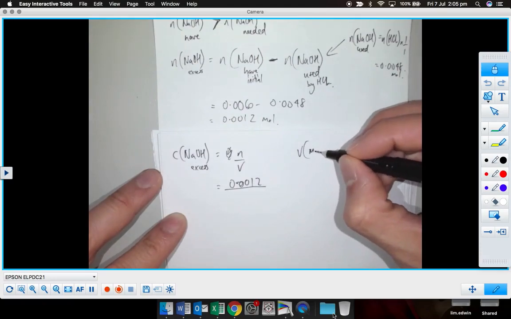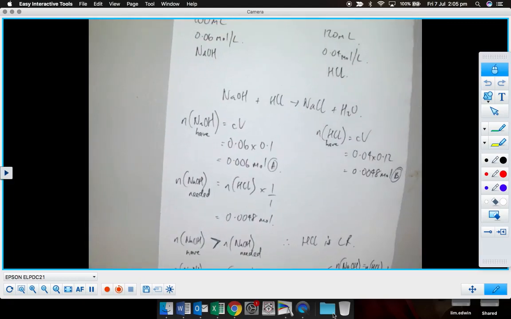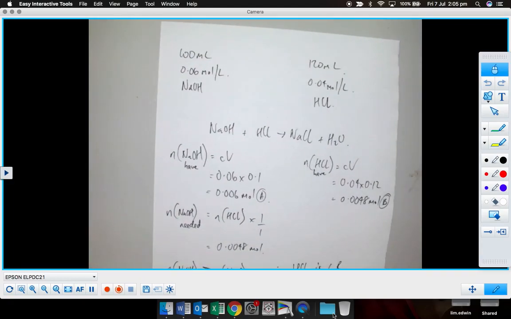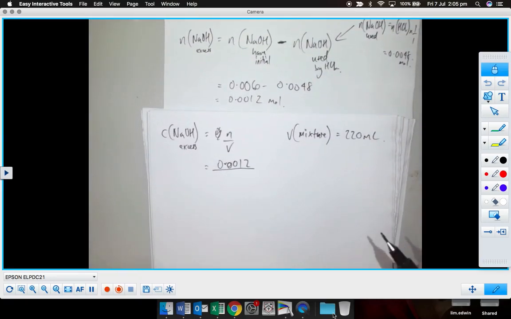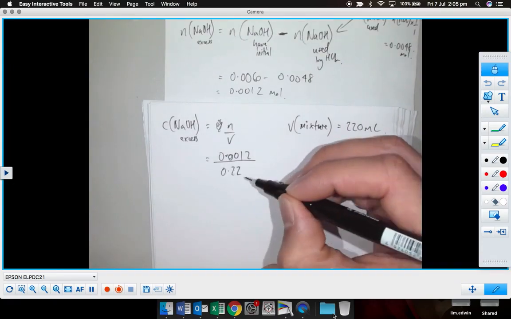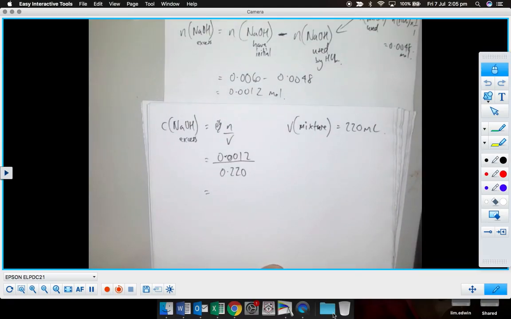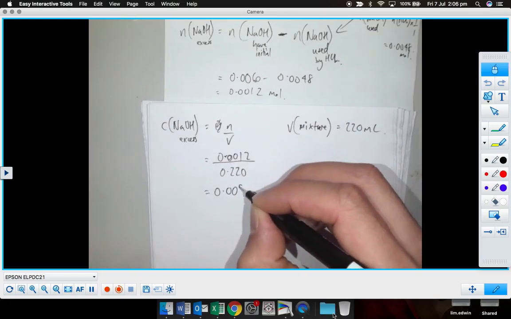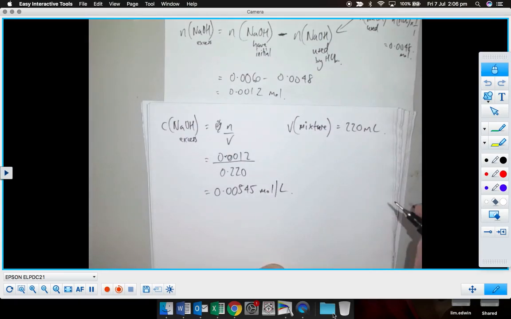So the volume of the mixture, you just have to think back, we had 100 mils and 120 mils, so that makes 220 mils all up. Therefore we have 0.220, and so we're going to be able to solve that. 0.006 subtract answer and divide that by 0.22, which is equal to 0.00545 mole per liter.